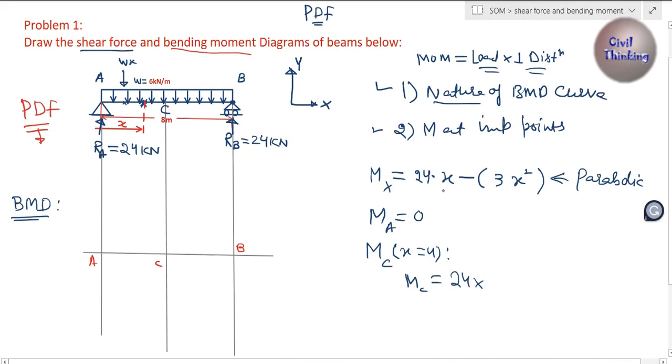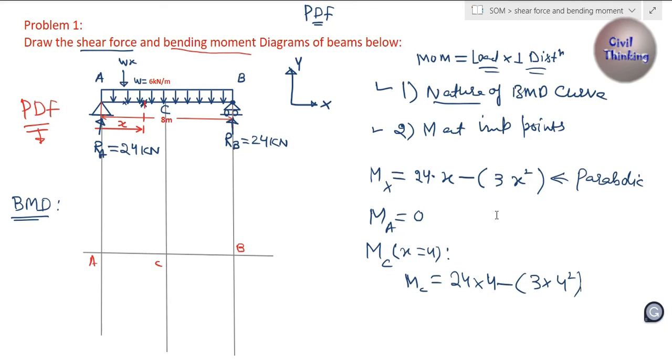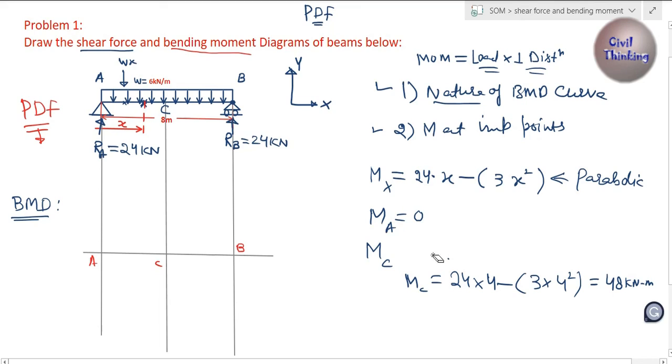X is 4, minus 3x square, right? 3 multiplied by 4 square, right? How much is this? Now when you solve this, you will get moment at C to be 48 kilonewton meter.